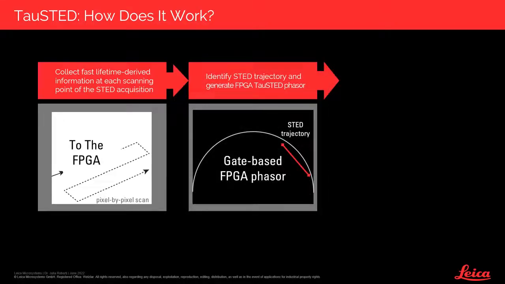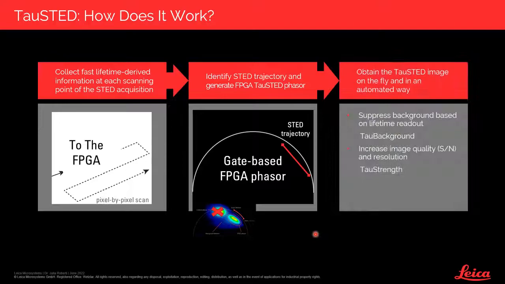So actually we will not see the phasor, because this is automated and done by the system. And a key difference with other types of approaches is that we don't need to get the confocal information to get the tau-STED image and integrate the lifetime information for our STED experiment.